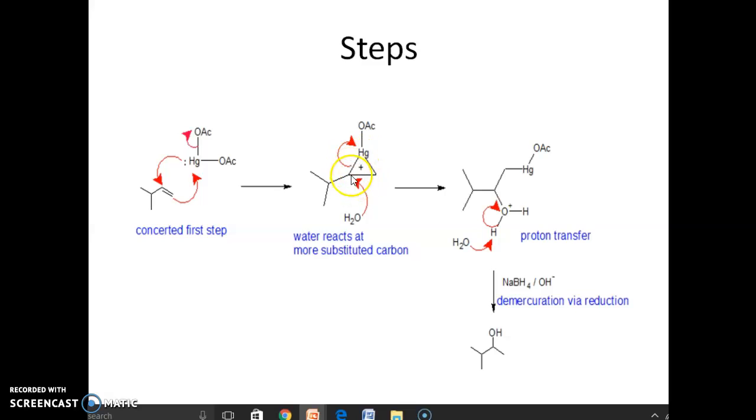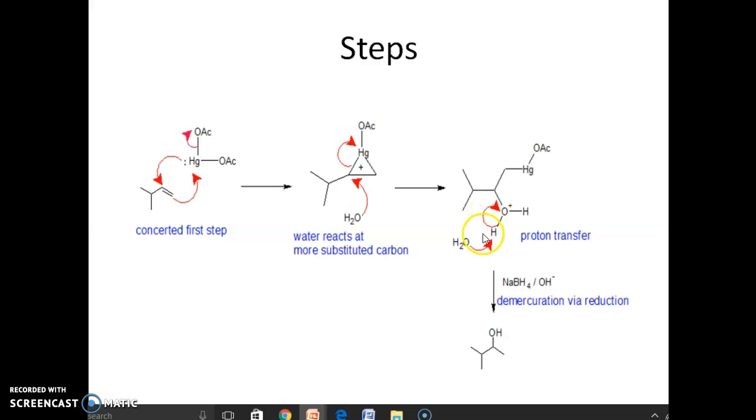What is left here carries a positive charge. This is called the mercurium ion bridge with a positive charge, which we call a carbocation. To this, the water molecule reacts at the more substituted carbon.